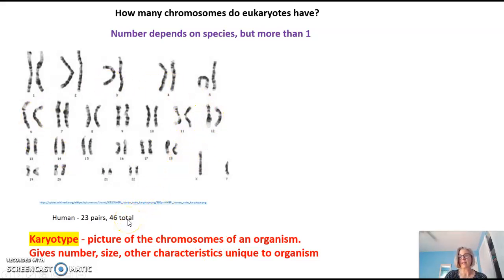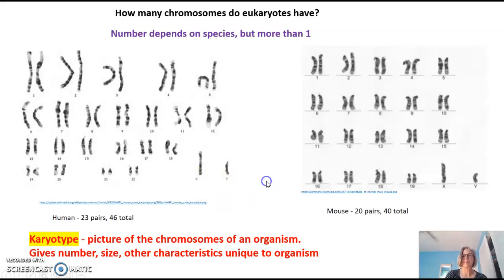Humans have 46 total chromosomes, but 23 pairs. So they have 2 copies of chromosome 1, 2 copies of chromosome 2, all the way up to chromosome 22. The last pair can be an unequal pair. This has the sex chromosomes that determine what the sex of the organism is. This last pair has an X and a Y chromosome, which tells me that this is a male.